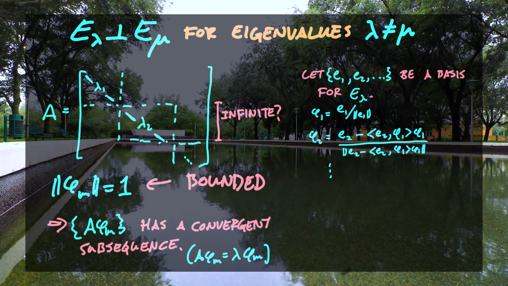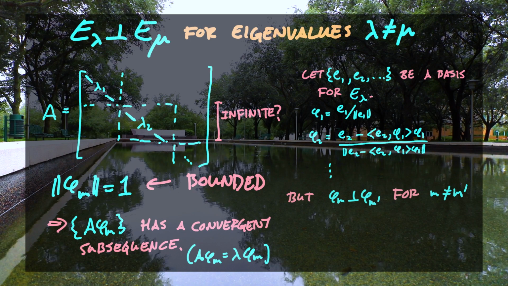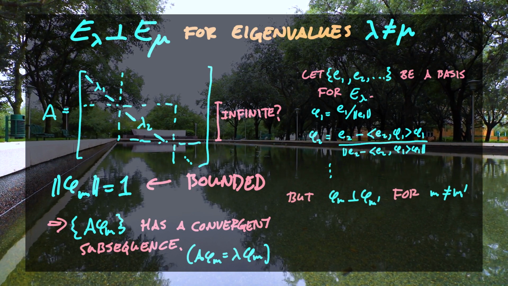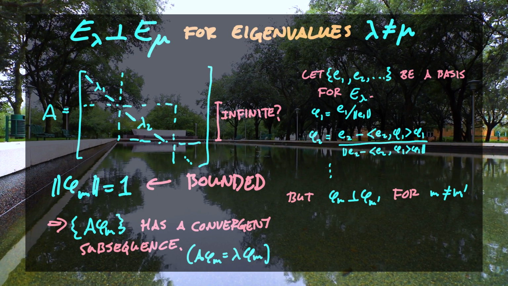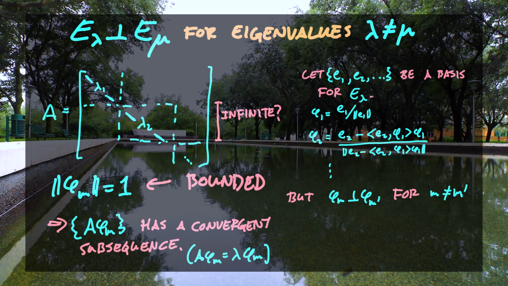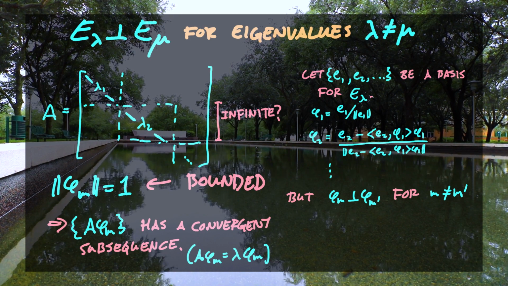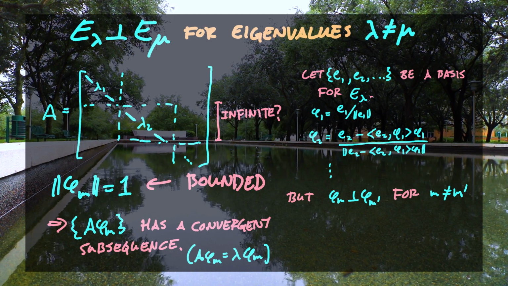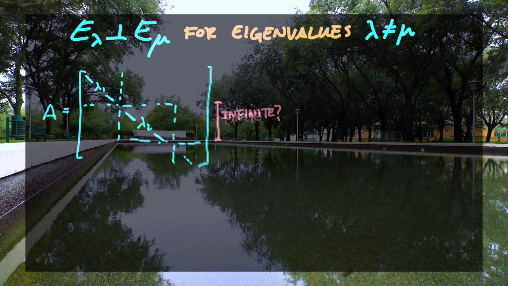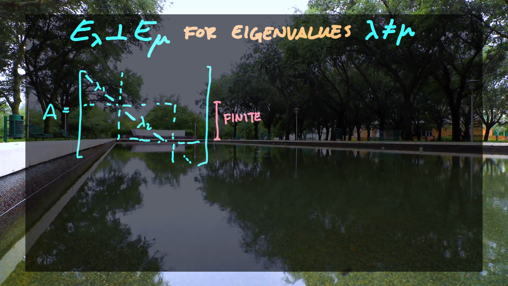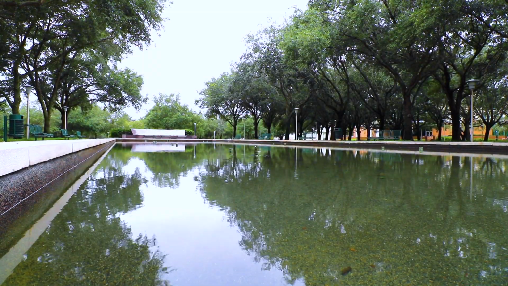But since phi m is an orthonormal basis, each entry in that is orthogonal to the rest, and each is a unit vector. That means that this sequence has no convergent subsequence, and that would be a contradiction. Hence, each E lambda has to be finite dimensional. And so that means that each block in our block diagonal is a square matrix of finite size. And we are done.